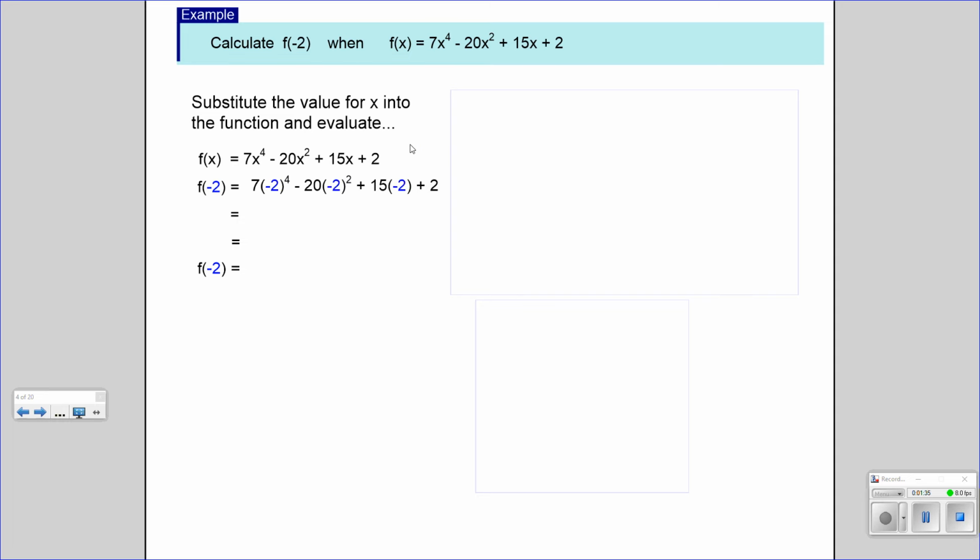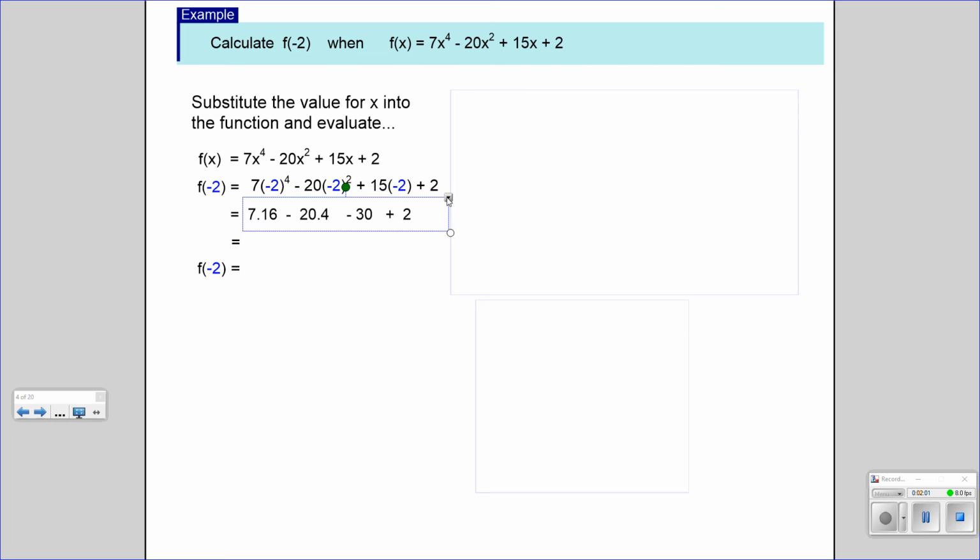So when we do that, we get 7 times minus 2 to the power of 4, and minus 20 times minus 2 squared, etc. And it's just a case of taking your time, going through it step by step, trying to evaluate it. In some cases you might be just putting that straight into your calculator to get an answer. In some instances you'd need to be able to work it out without a calculator.